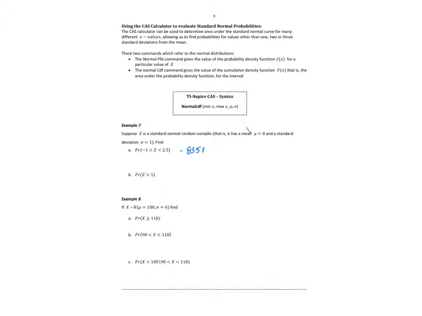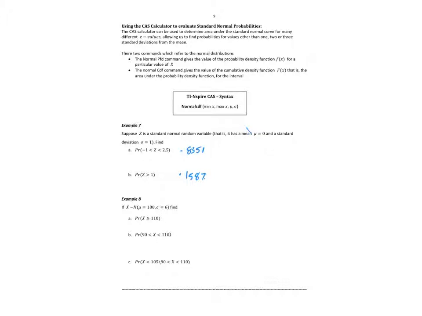From 1 to infinity of all of that is 0.1587. This time around, if we've got a slightly different distribution, it's a 100, 6 distribution. So we do exactly the same things. Go to menu, probability, distributions, number 2.